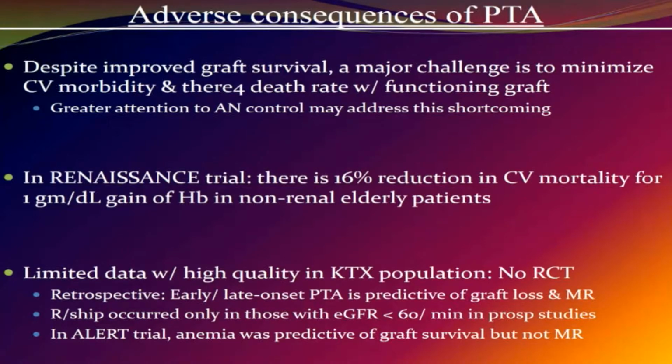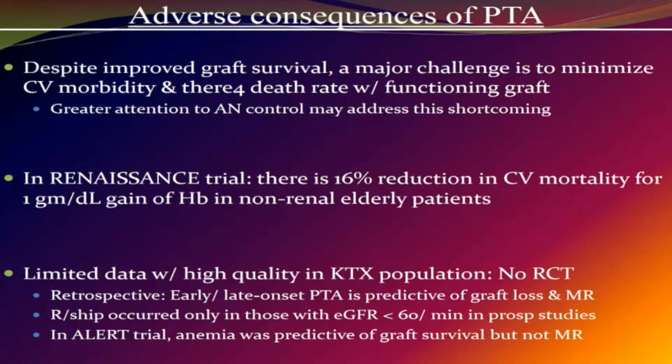There are, however, adverse consequences of post-transplant anemia. Despite improvements in graft survival, a major challenge is to minimize cardiovascular morbidity, and therefore curb the death rate with functioning grafts. Perhaps by paying greater attention to anemia control, we may be able to address a lot of this shortcoming.